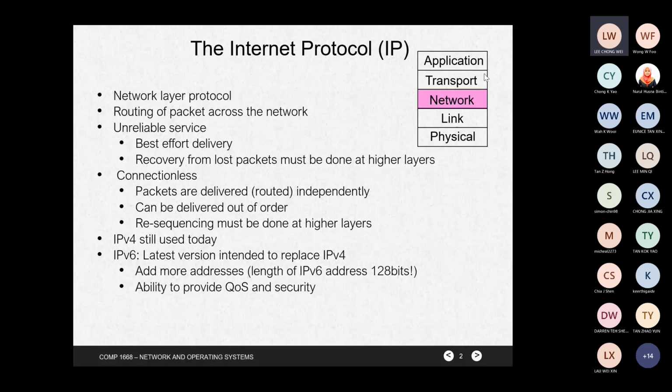And once the packets arrive at the destination, these packets will be reorganized accordingly, according to the details inside the header and trailer.